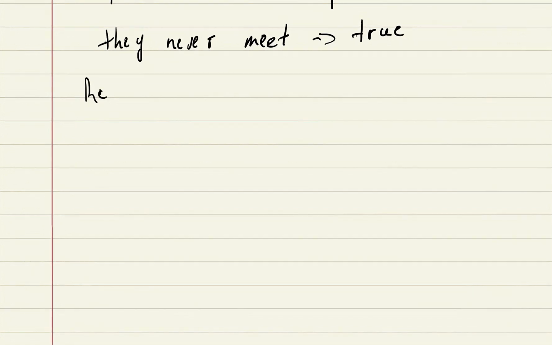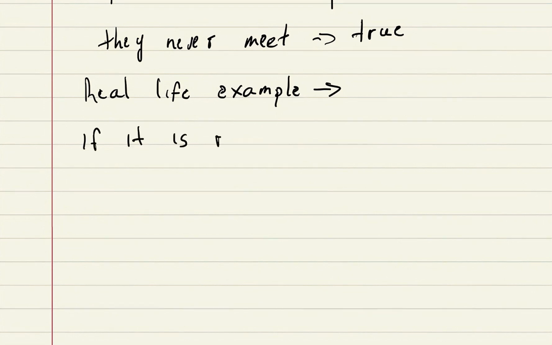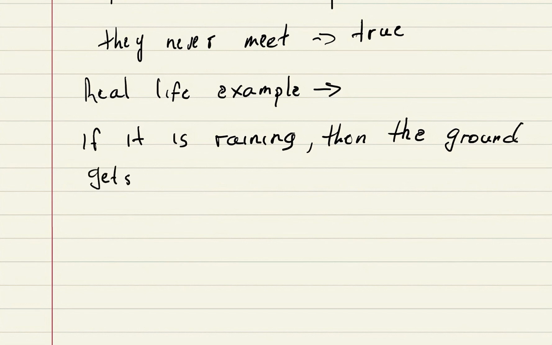So here's the real life example. So let's say if it is raining, then the ground gets wet.